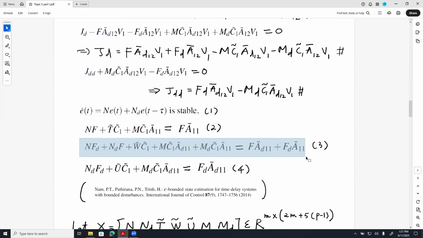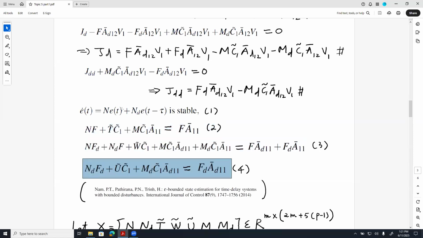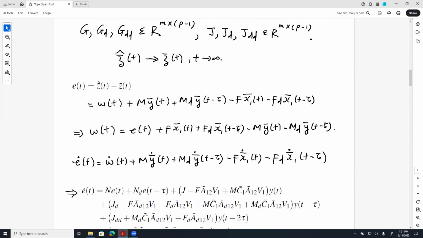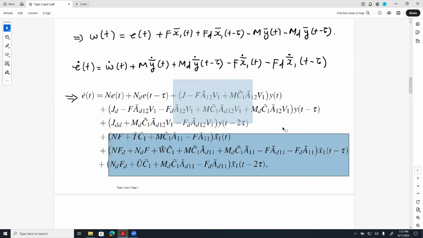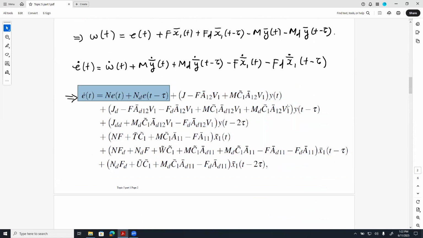And we call this equation number 3, this is equation number 1, and lastly, equation number 4. And of course, when we make all of these terms in here equal to 0, and we also make everything in here 0 because it's 0 multiplied by y and so on, that's all 0. We are left with this expression, which is the dynamic equation of the error system.